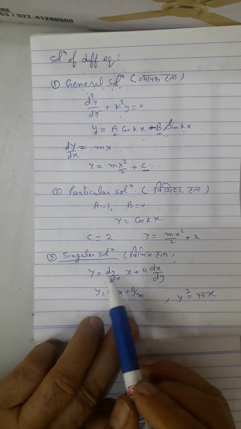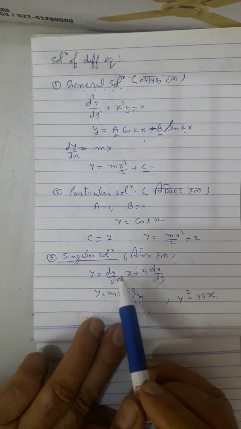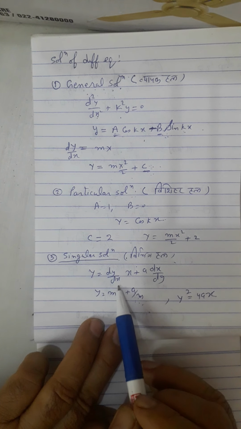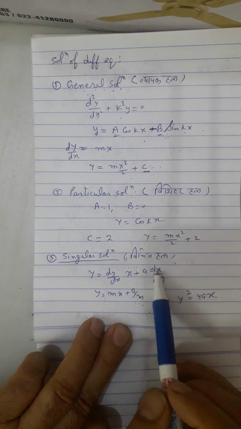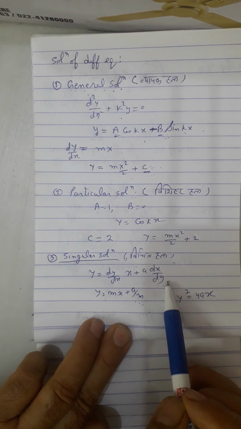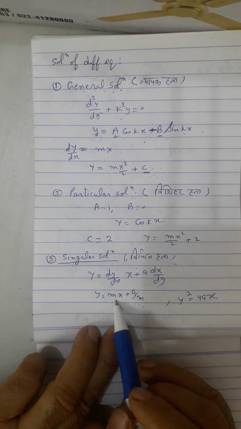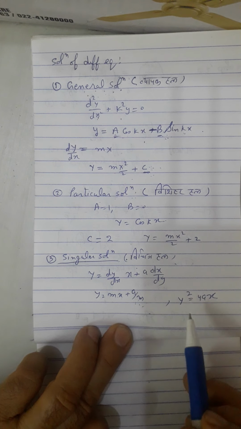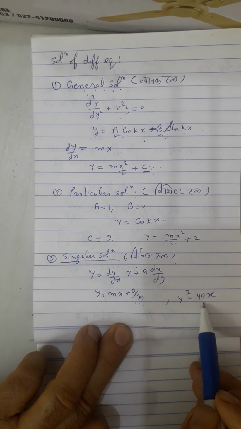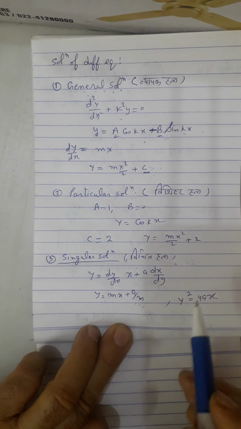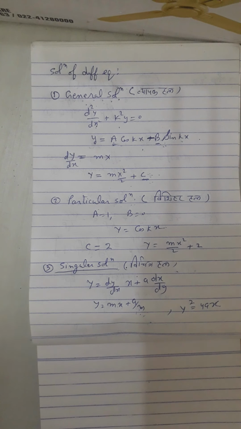This singular solution cannot be obtained from the general solution. So the solution of the equation y is equal to dy by dx x plus a dx upon dy: its general solution is y is equal to mx plus a by m, and its singular solution is y square equal to 4ax. So these are the solutions of the equation.